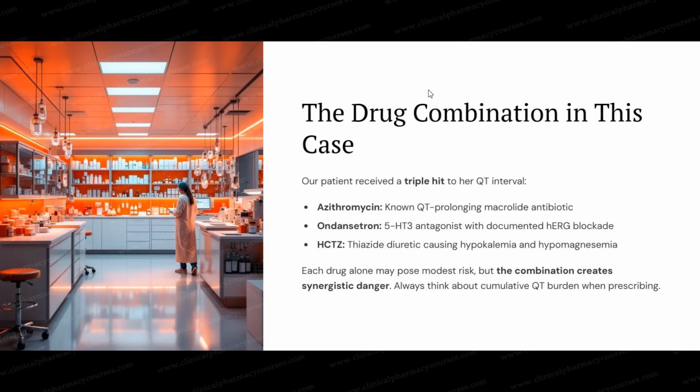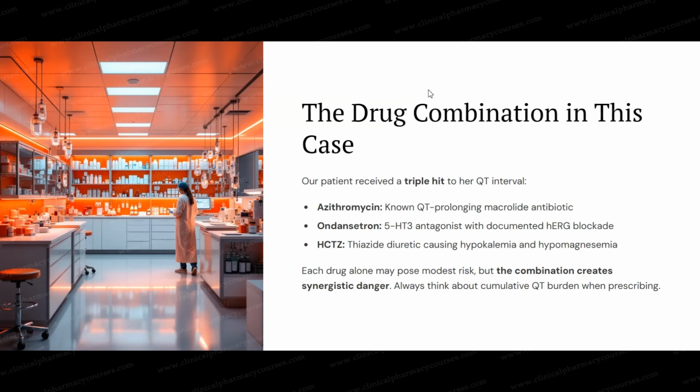And the other drug was the ondansetron, a serotonin 3 or hydroxytryptamine 3 antagonist that has been shown to block the HERG channel, which can also lead to QT prolongation.